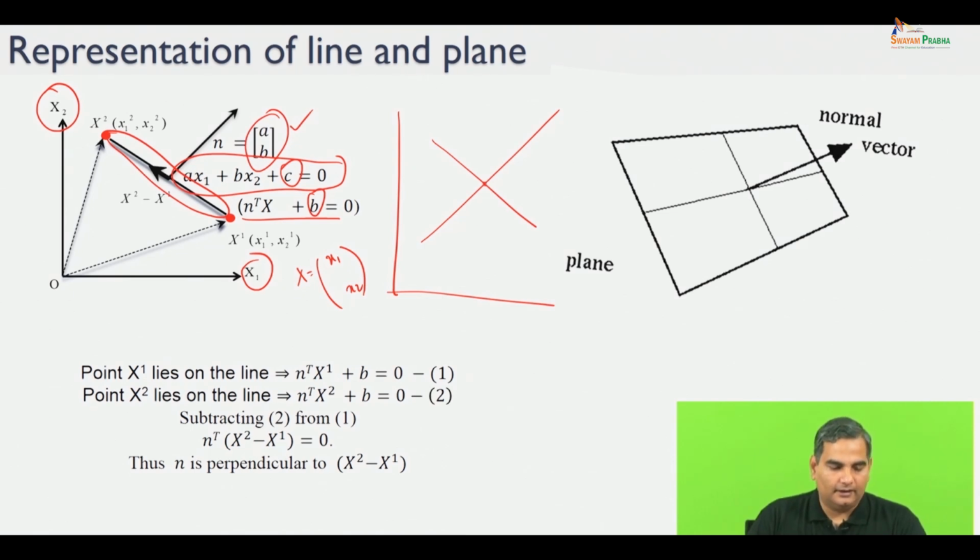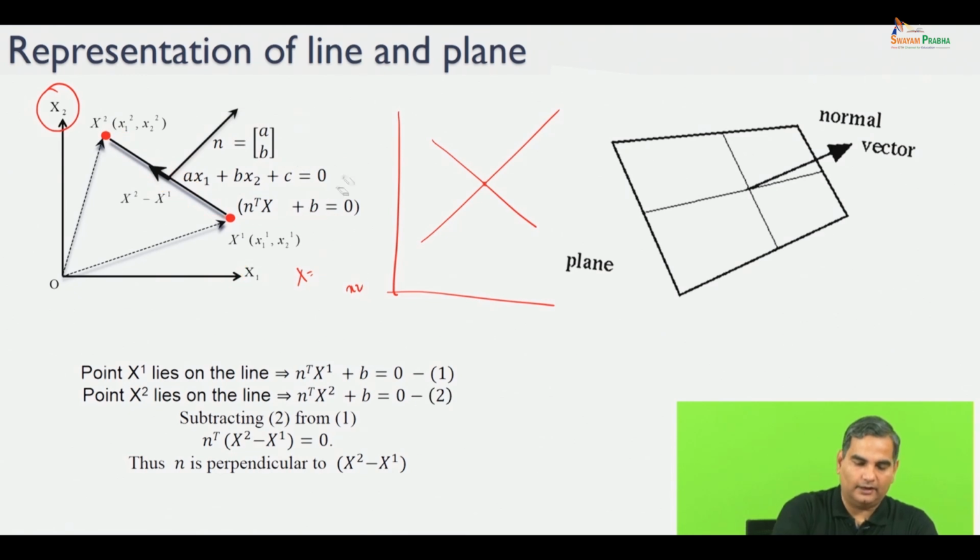To see that, let us first start by looking at 2 points on the line. So, let us start with this point x1 and then x2. Notice that both these points are on the line. So, when I substitute x1 into the equation for the line, it should satisfy it, which is what is shown here, n transpose x1 plus b equals 0.